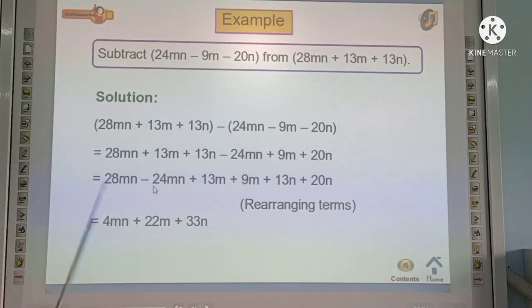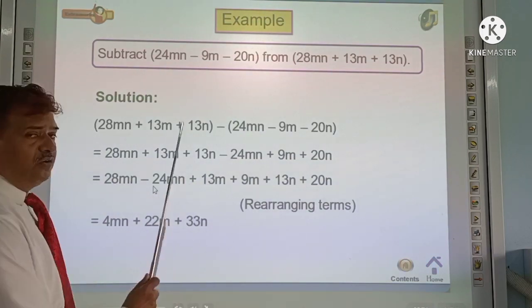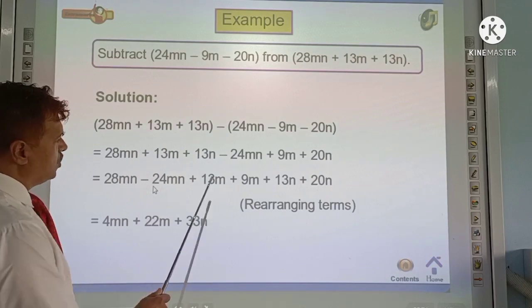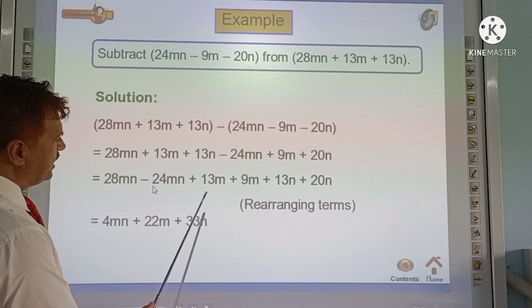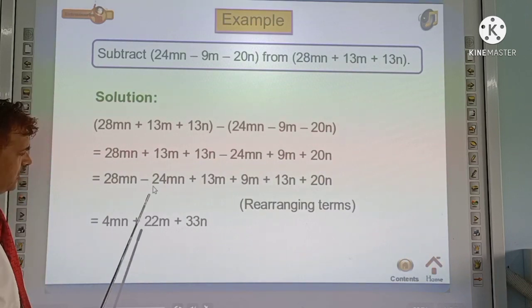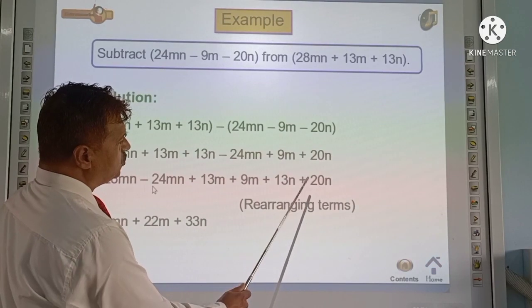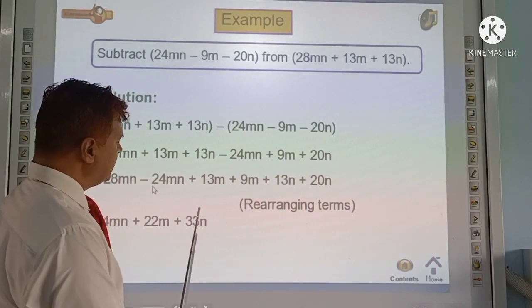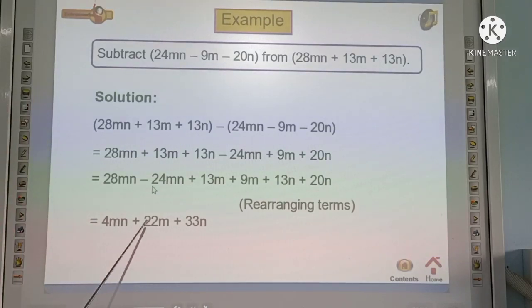So the answer is 4mn. Here is 13m and 9m. Both of these are positive, so we add them. 13 plus 9 will be 22, so we write here 22m. Now 13n, 20n, 20 plus 13 is 33n. So the answer is 4mn plus 22m plus 33n.